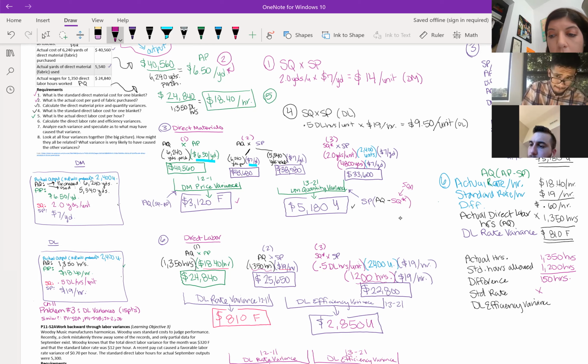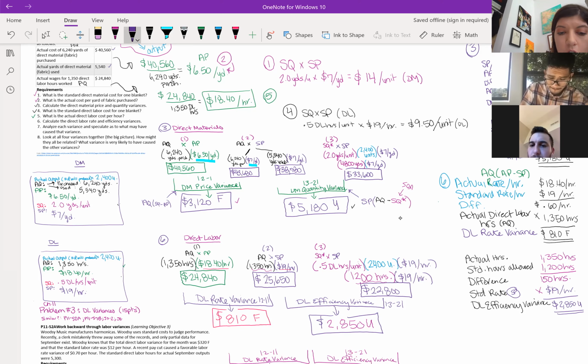Times your standard rate, which is our standard price per hour, which was $19 per hour. So the direct labor efficiency variance is equal to 2,850 unfavorable. You used more hours than you should have. So exactly what we calculated here.